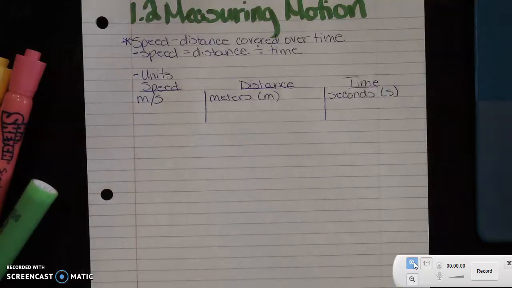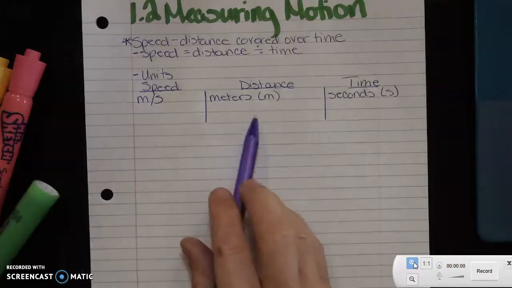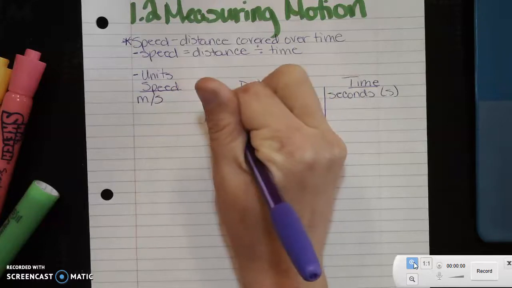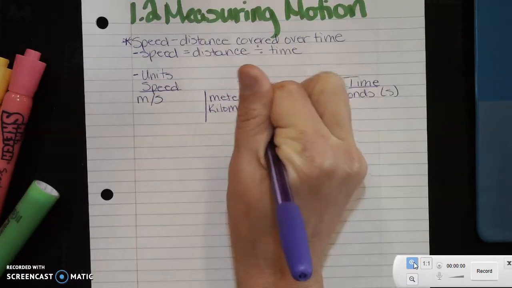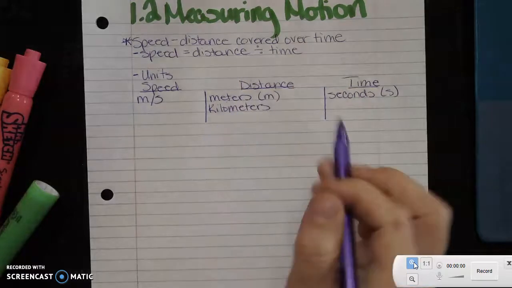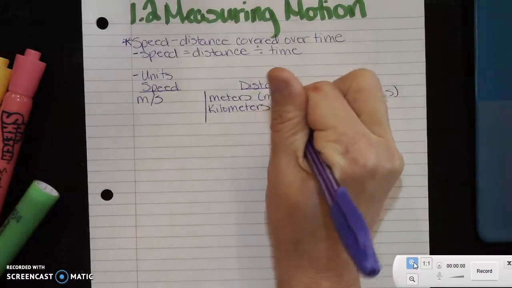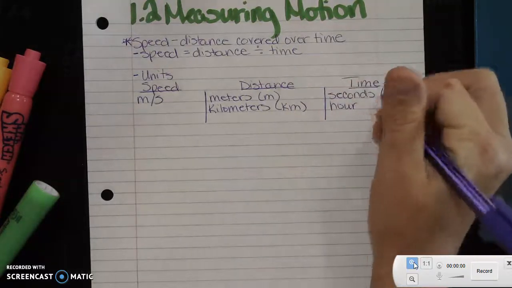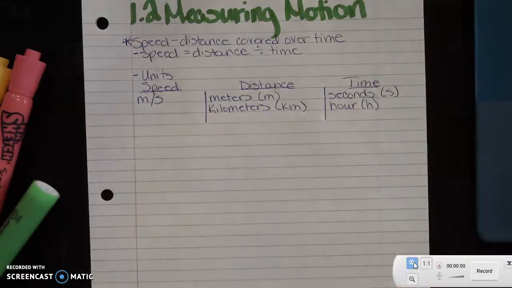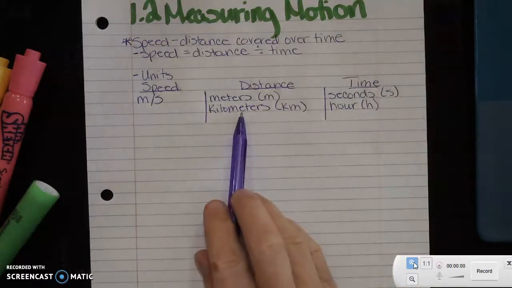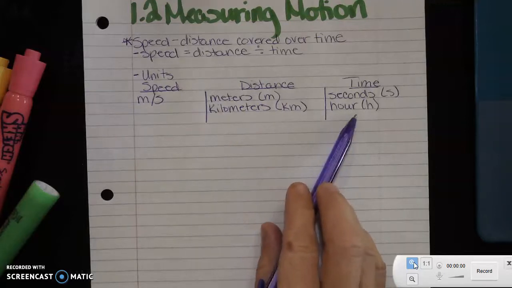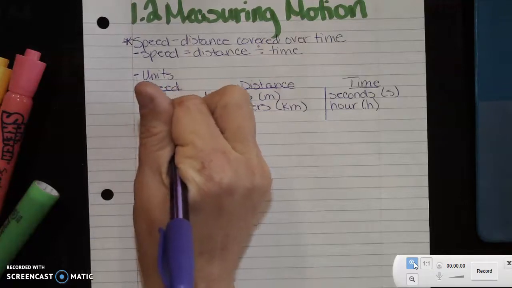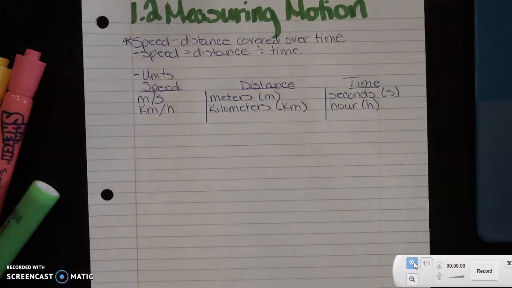We're going to do 2 more really common ones, though you can combine any distance and time unit. Another common one is kilometers. A kilometer is 1,000 meters, so it's a really big unit. km. And typically, we'll measure kilometers over the span of an hour. So if you have a distance unit of kilometers and a time unit of hours, this would become km/h, kilometers per hour.